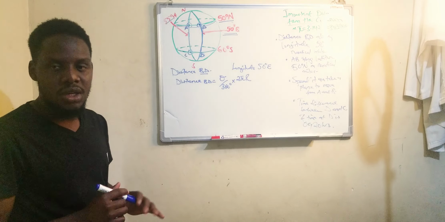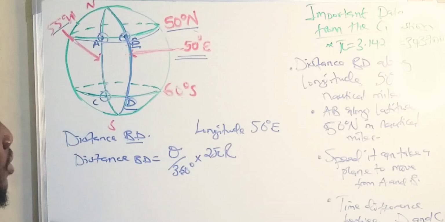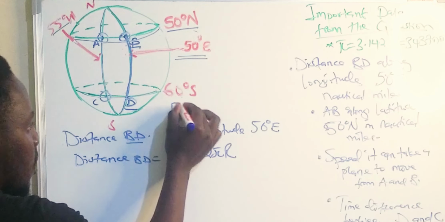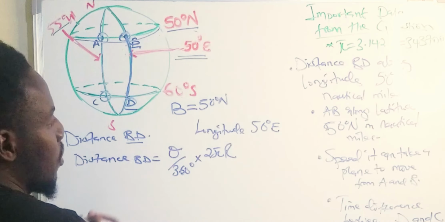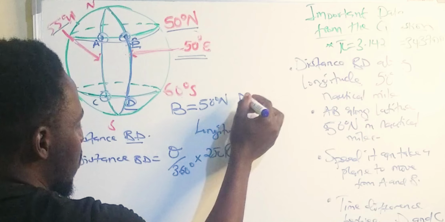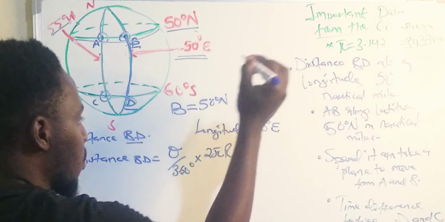Which latitudes are we talking about? We're talking about the latitudes where B and D are. So B is on latitude 50 degrees north, while D is on latitude 60 degrees south.